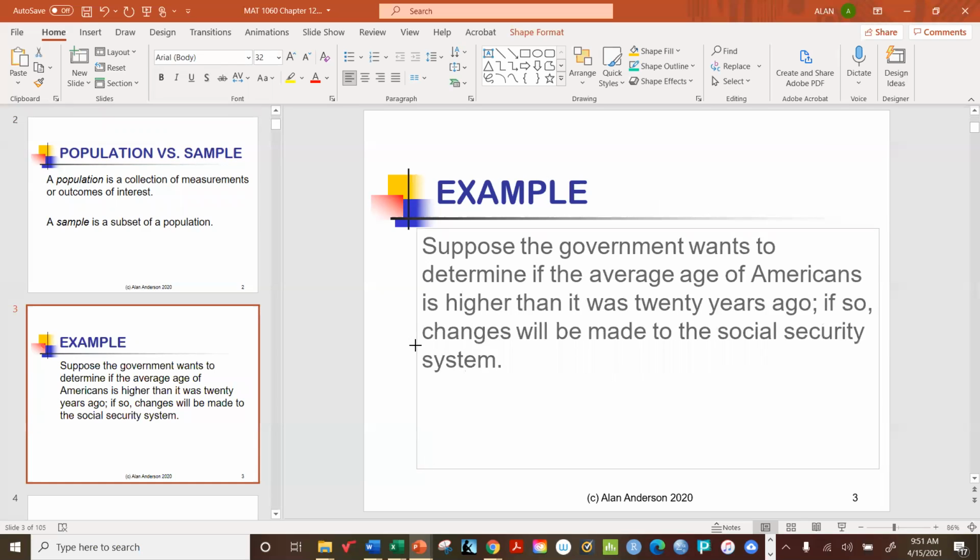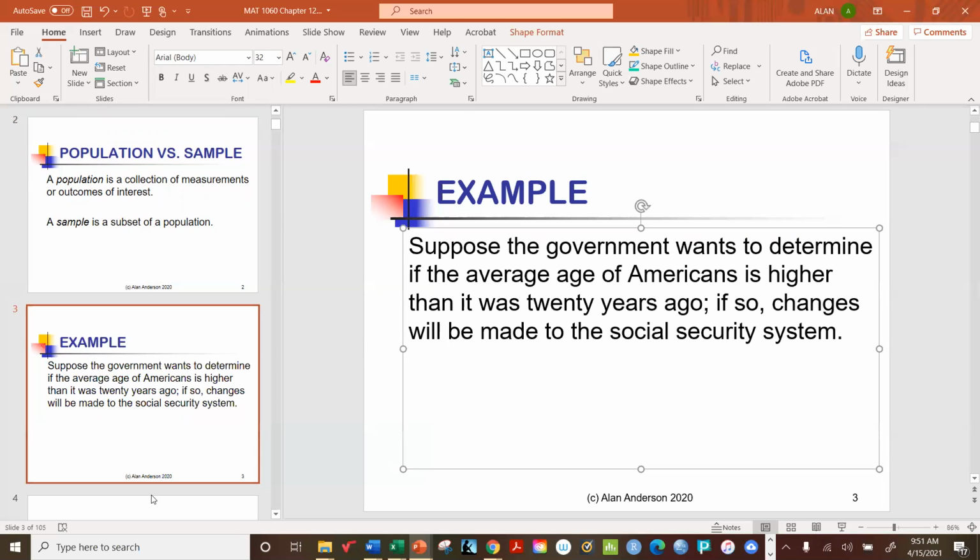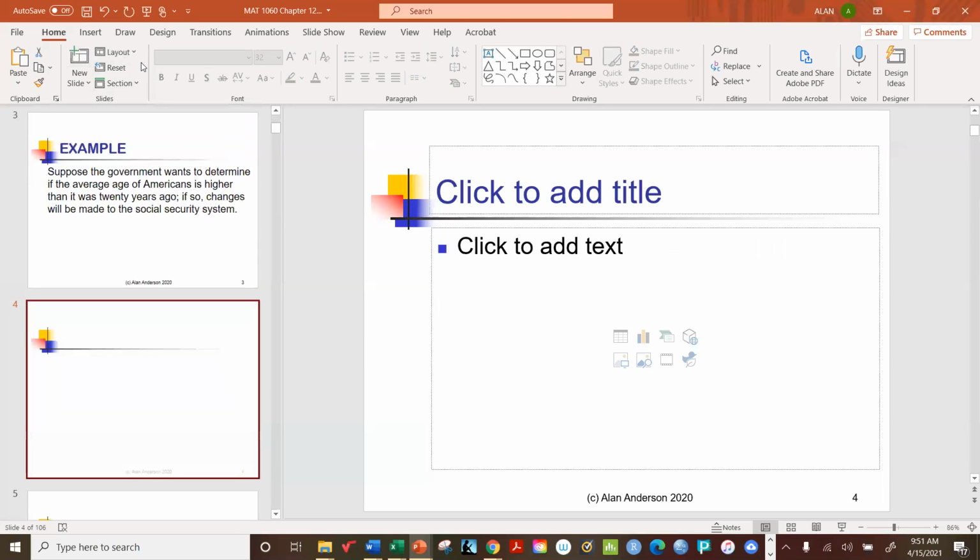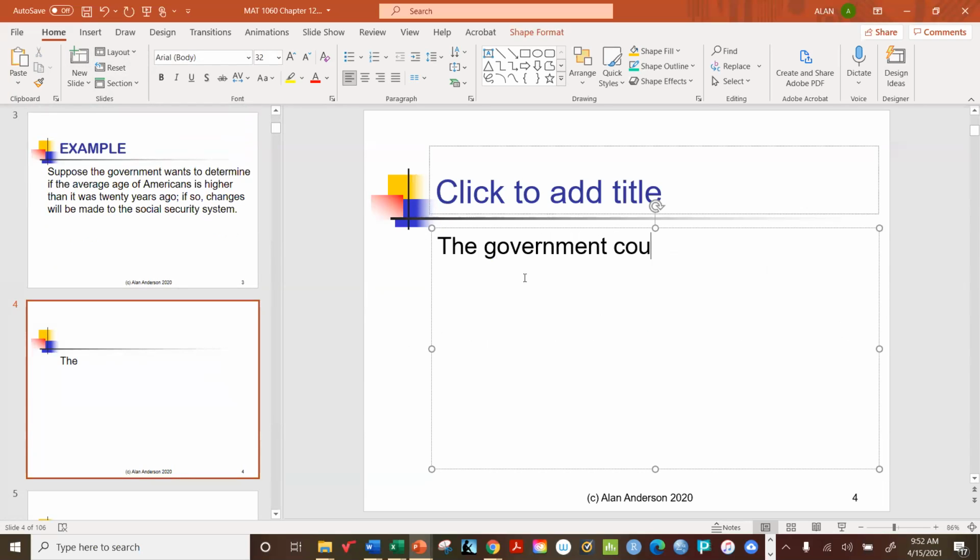So what they could do, I mean, the two options they have are, number one, the government could actually gather up and analyze the ages of everyone, of every American.